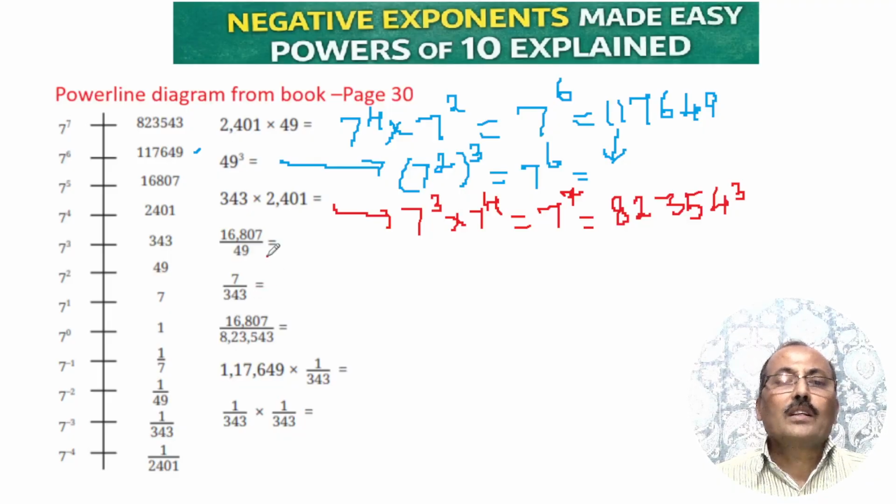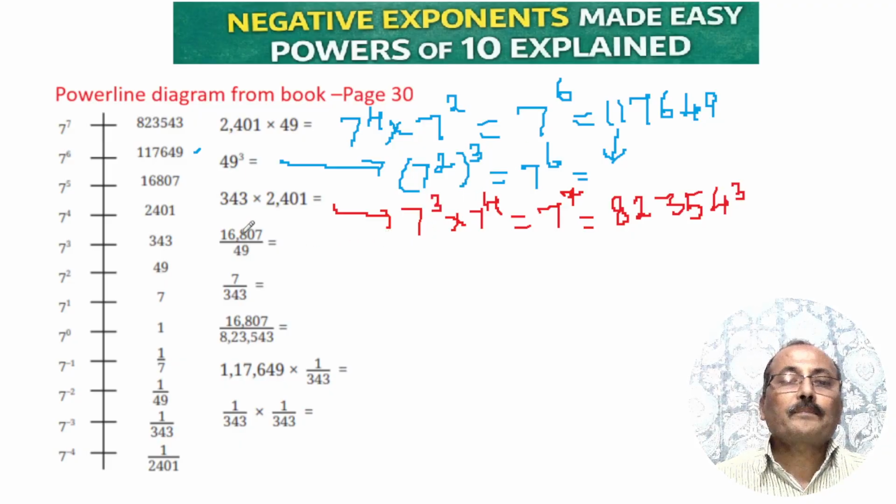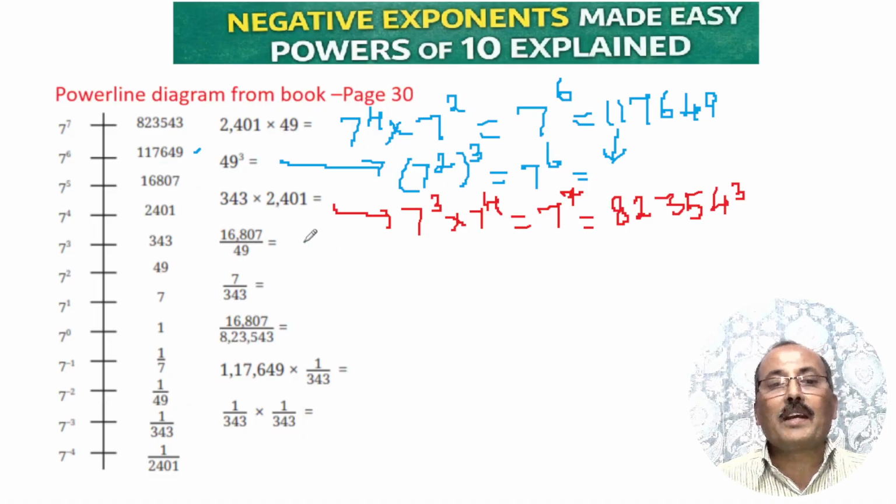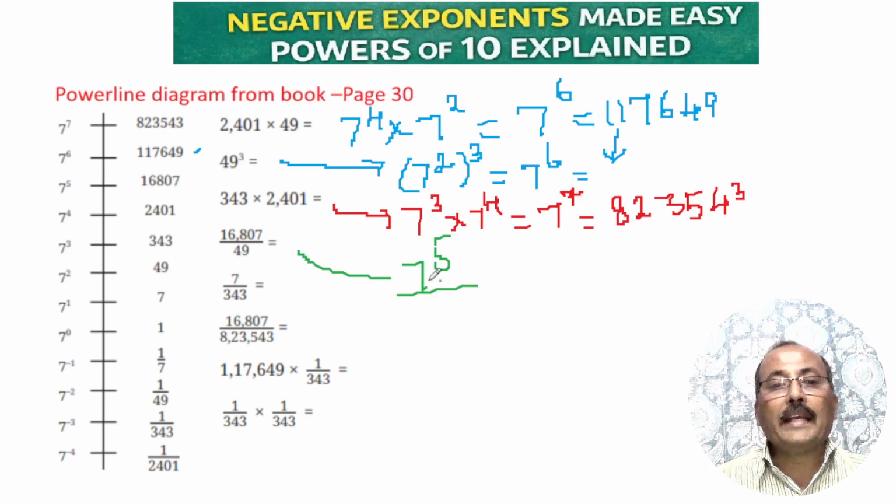Okay, in the next one division is given. If I say you do, that is given division. Division also no need to worry. Just change the division. What is the division now? 16807 is 7 power 5. 7 power 5 by 49, 7 to the power of 2.